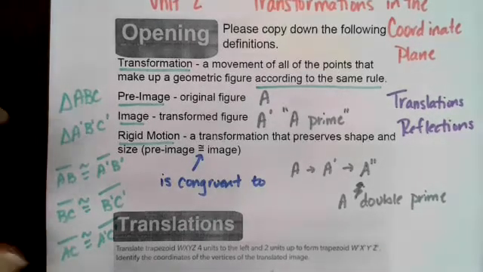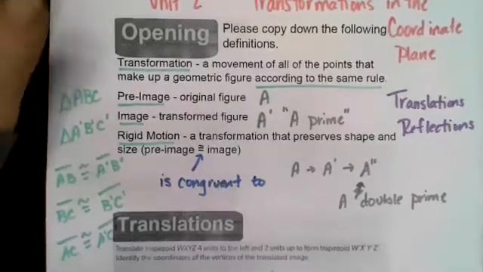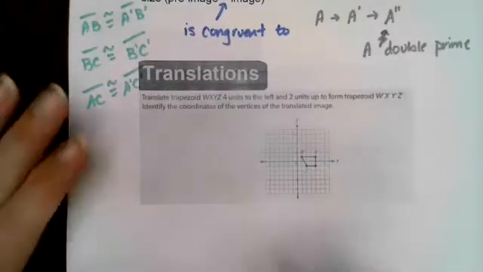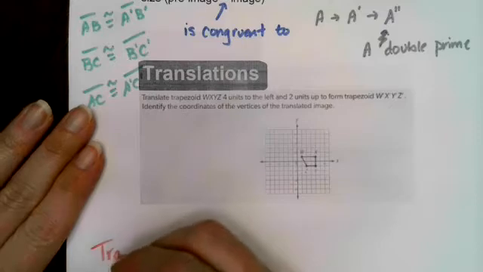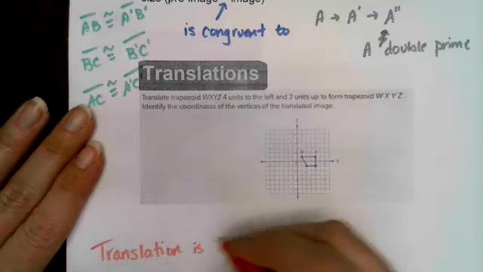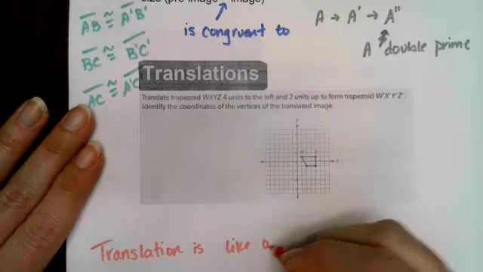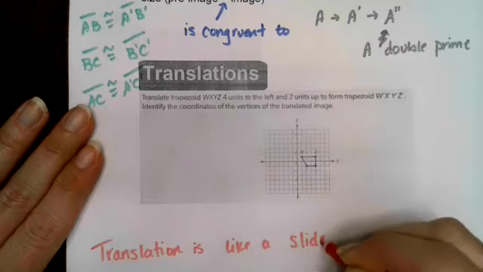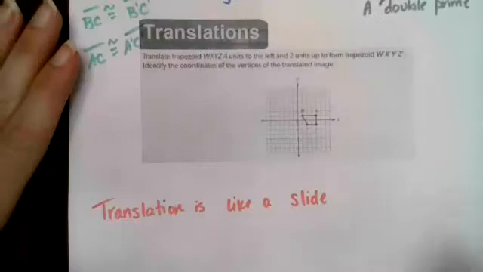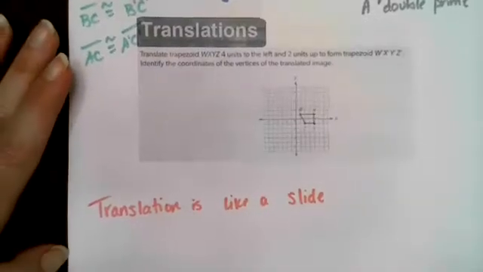All right, so my first transformation is a translation. Let me just note down here, a translation is like a slide. I move it in some direction for X and Y. We can write translations a lot of different ways.